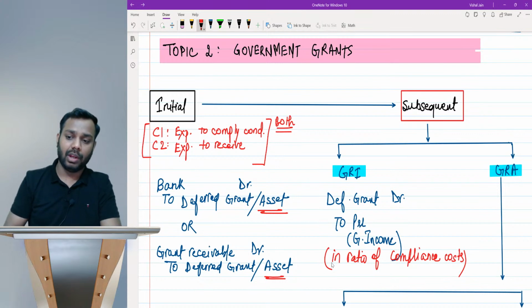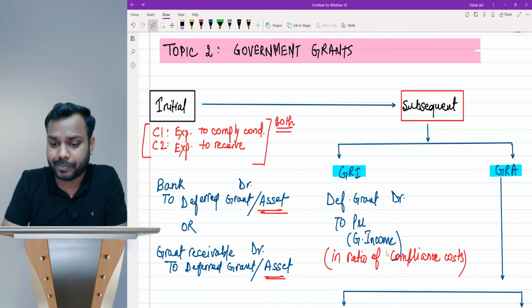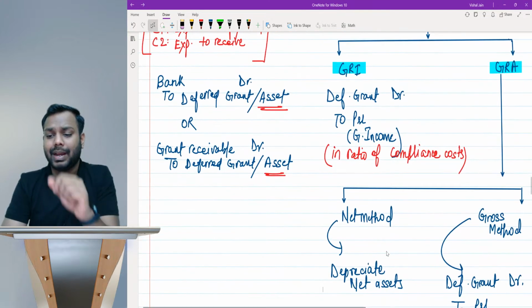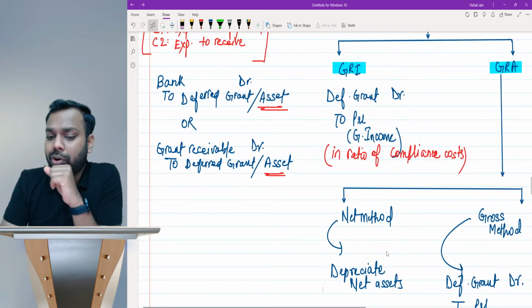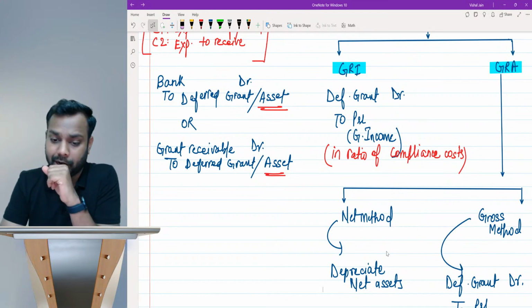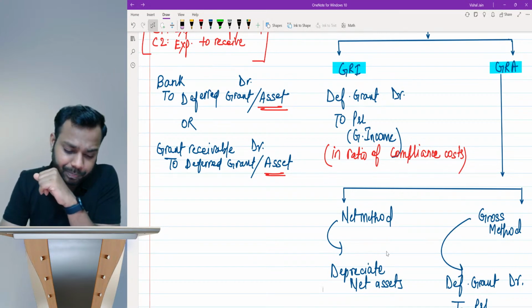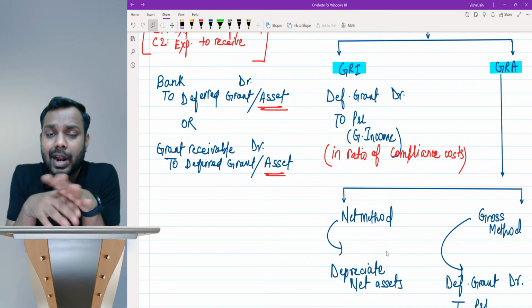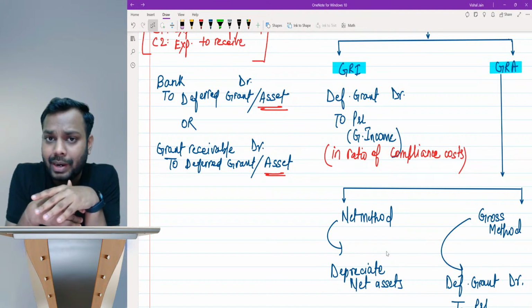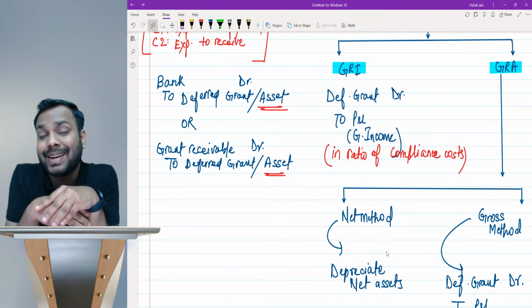Now what about grants related to assets? Guys, there are two methods followed: the gross method and the net method. Let's suppose I have received a grant of $1,500 for purchase of an asset of $10,000.